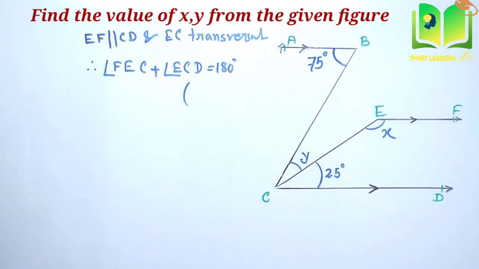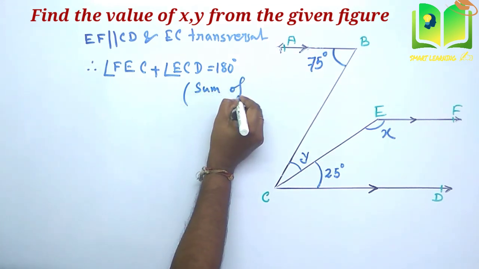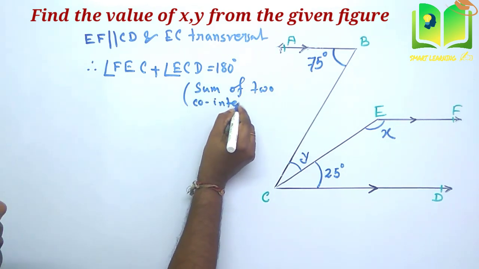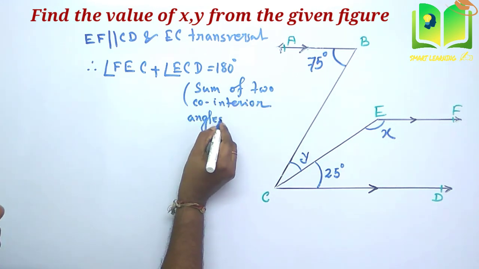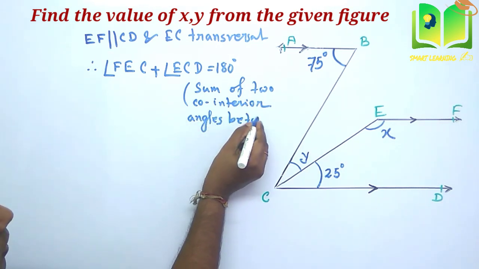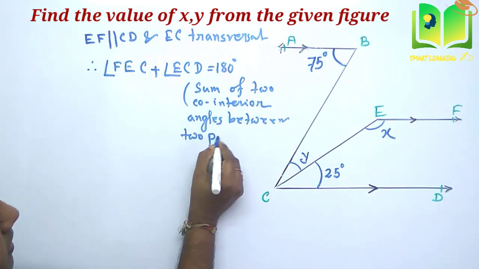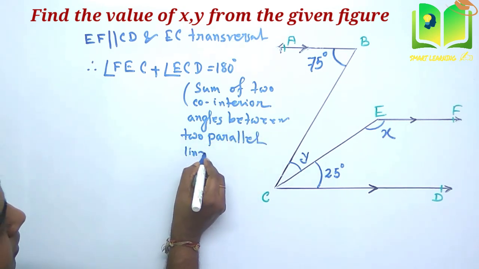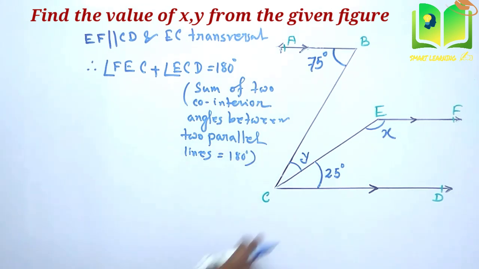Now I will write the reason. The reason is: sum of two co-interior angles between two parallel lines equals 180 degree. So as they are co-interior angles, the sum of them is 180.